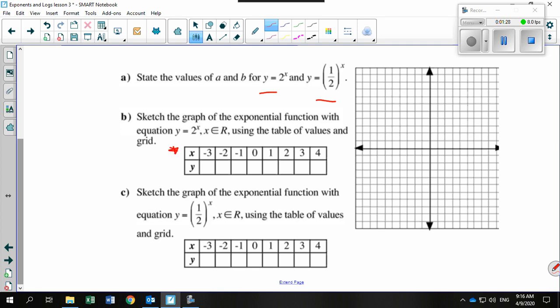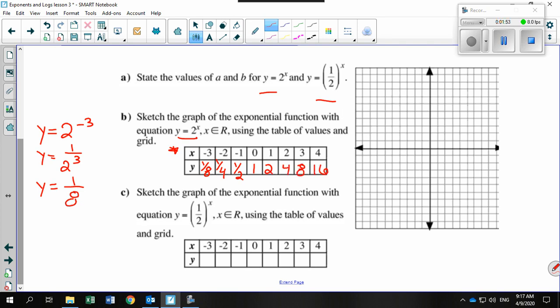For this first table, plugging in negative 3, I'm going to get 2 to the power of negative 3, which is y equals 1 over 2 to the power of 3, which is y is equal to 1 over 8. So the first one is going to be 1/8. Then we're going to get 1/4, 1/2. We know anything to the power of 0 is 1. Then we're going to get 2, 4, 8, and 16.